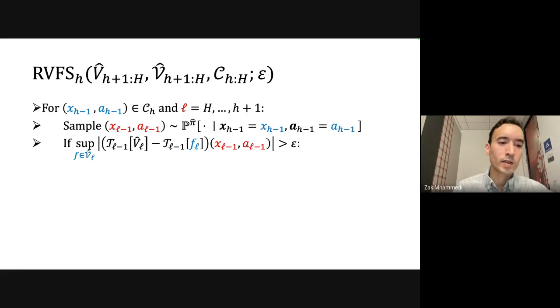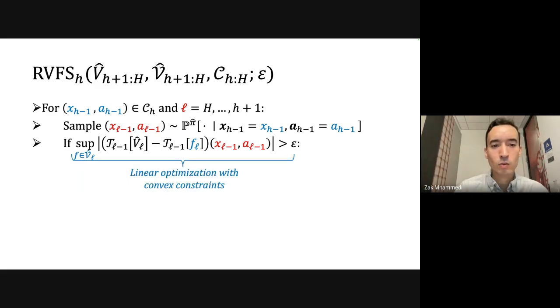As we will see, unlike in SimGolf, the confidence sets that we have here in RVFS are actually convex. And so this allows us to reduce this optimization problem to two linear optimization problems over a function space that is convex.